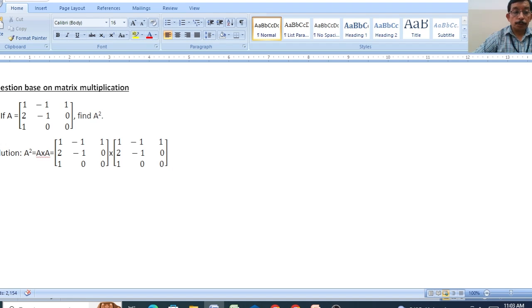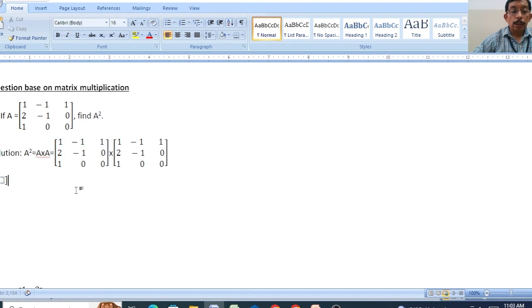Is equal to, first we note down the matrices. So what is the procedure? The procedure is this: we take the first row.